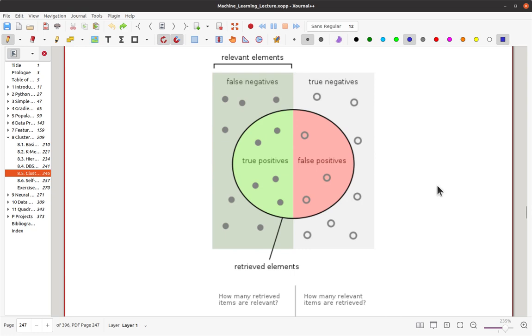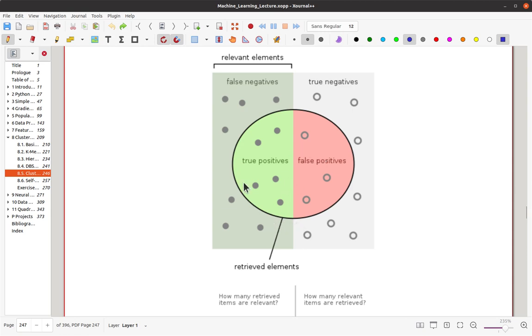Okay, so for the whole data set, for information retrieval, it may include relevant elements and non-relevant elements. And the retrieval result can be combined from the relevant side and non-relevant side.